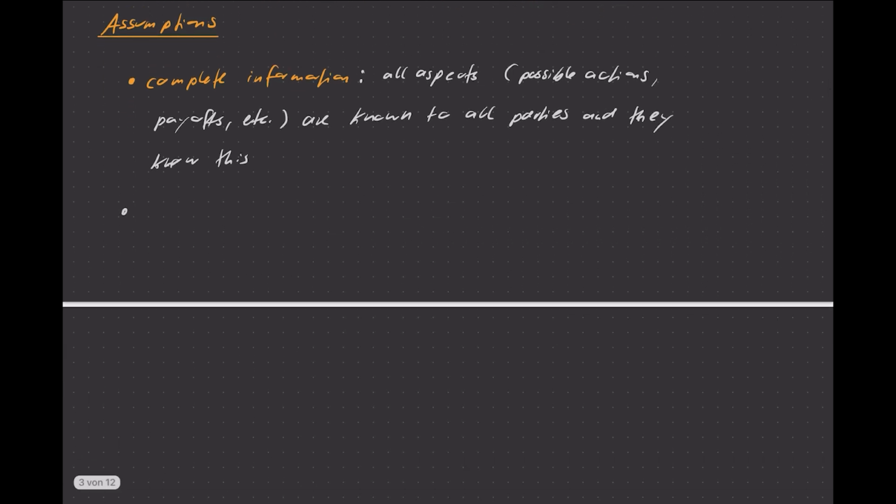Second assumption, there is no cooperation and no communication. So the two partners would have to agree on a strategy beforehand. That might be before they even know the setup of the game.